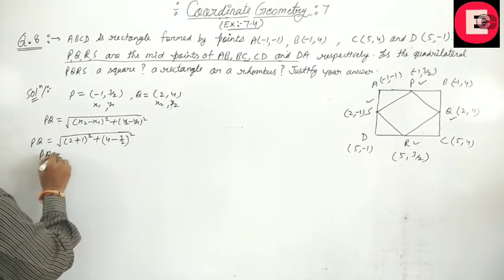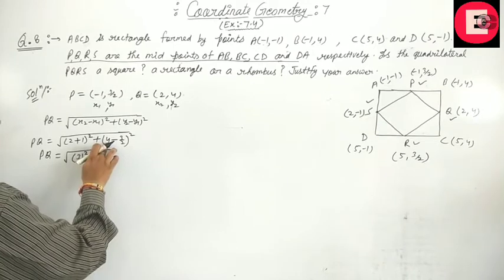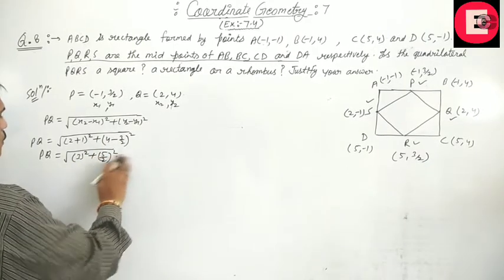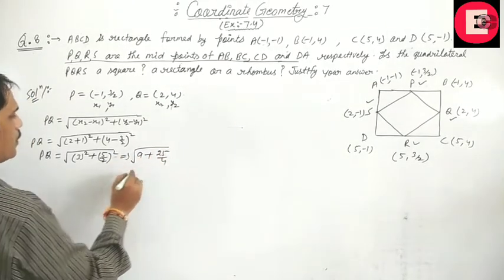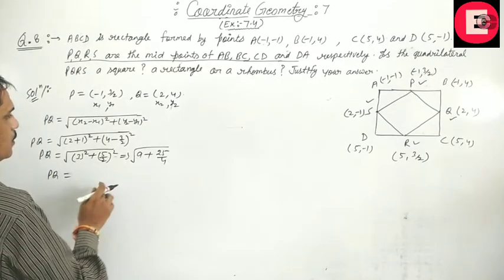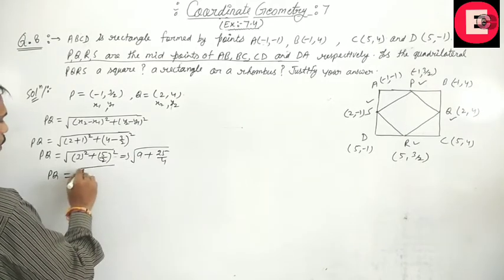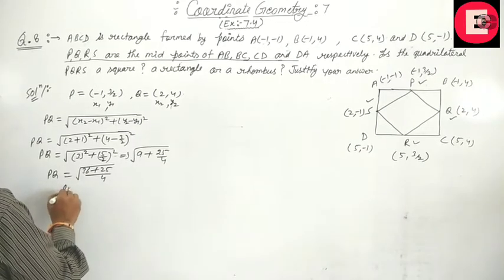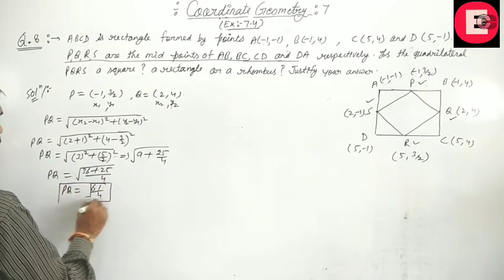So PQ is equal to the square root of 3 squared plus (5/2) squared. So this is 9 plus 25/4, which is 36 plus 25 upon 4, so PQ is equal to the square root of 61/4.